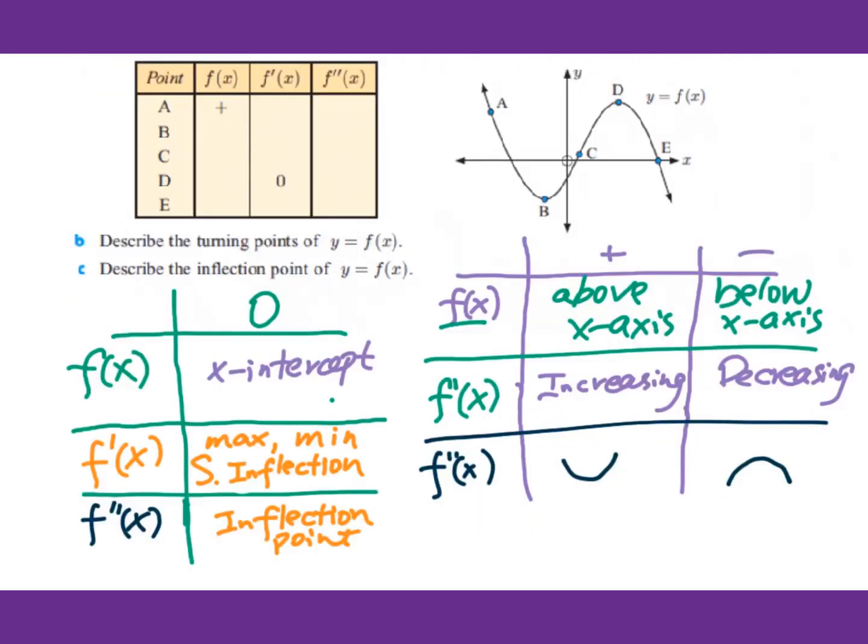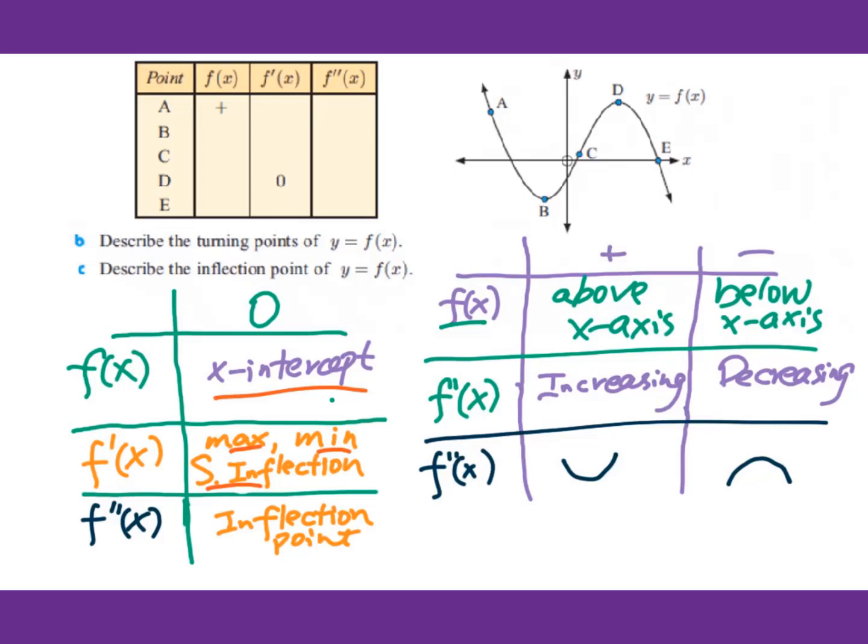Let's talk about when f of x equals 0. That means x-intercept. When the first derivative of f of x equals 0, it could be a maximum, minimum, or stationary inflection point. When the second derivative of f of x equals 0, it means an inflection point when concavity changes.